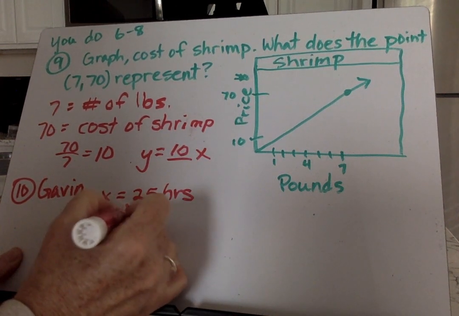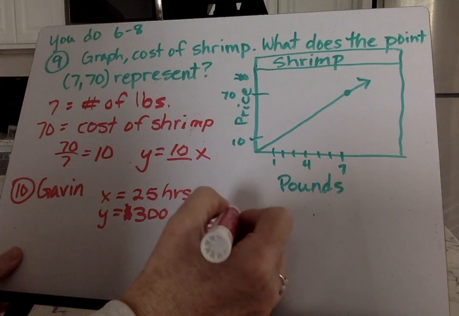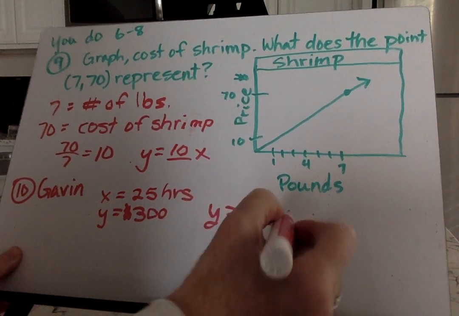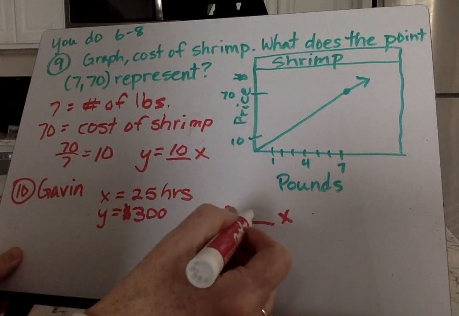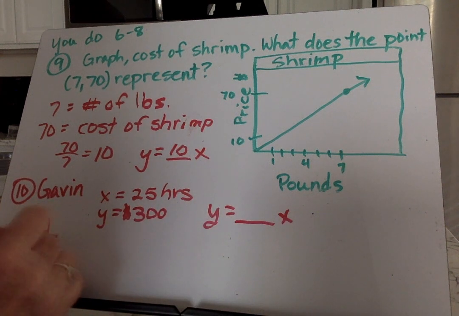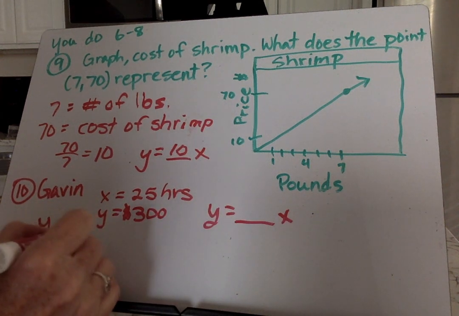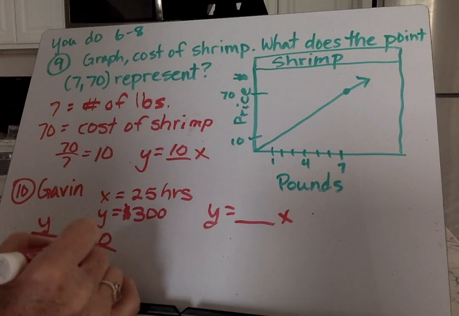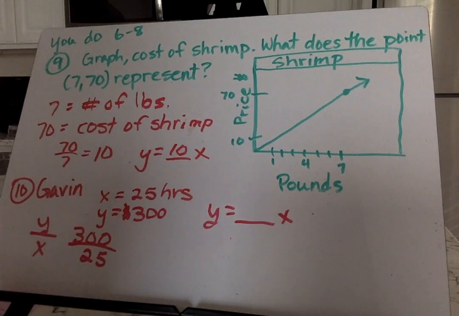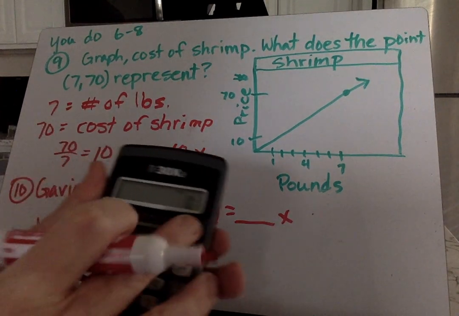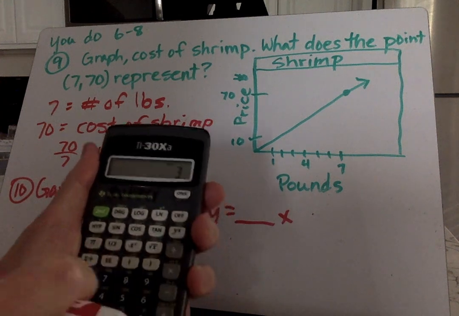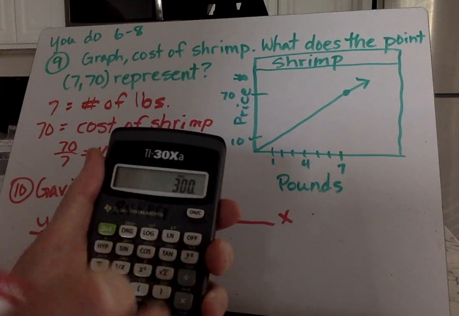So what do we do to find our equation? Y equals blank X. And remember, this blank is your Y divided by X. So our Y is 300. Our X is 25. So we take our handy dandy calculator and we go 300 divided by 25.